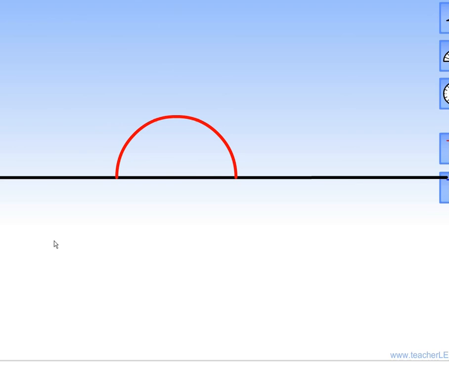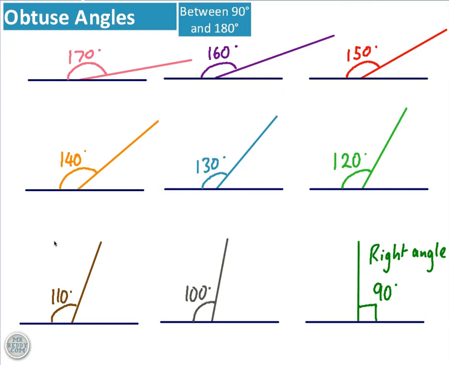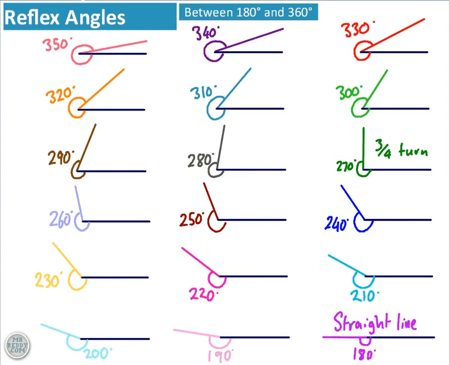And then the third main type of angle that I want to show you, no, the fourth, because we've had acute, we've had right angle, we've had obtuse. The fourth type of angle is called a reflex angle, and it's an angle that measures anywhere between 180 and 360 degrees.